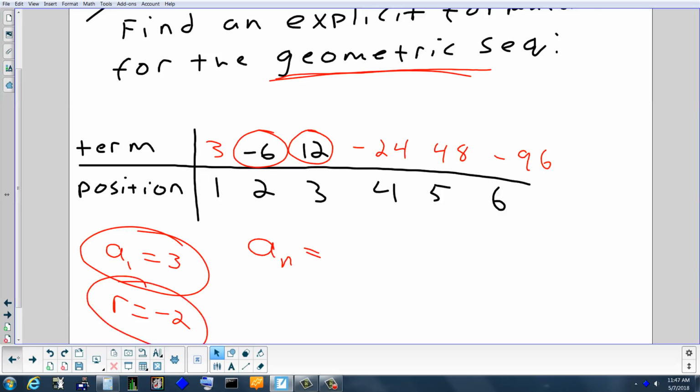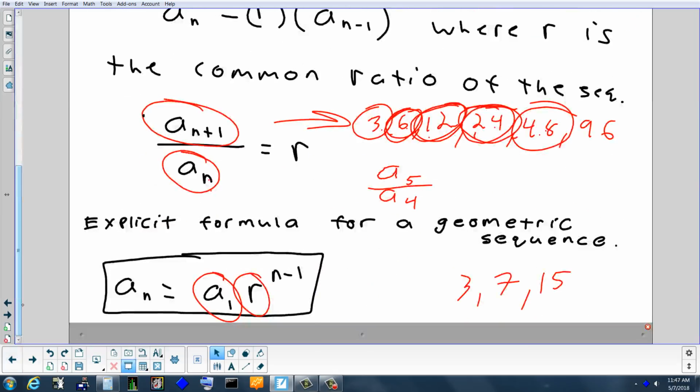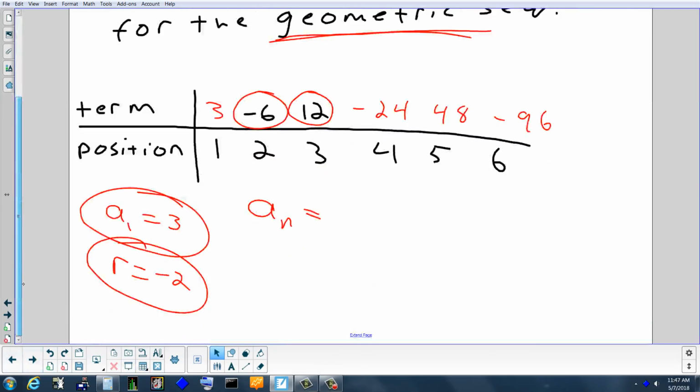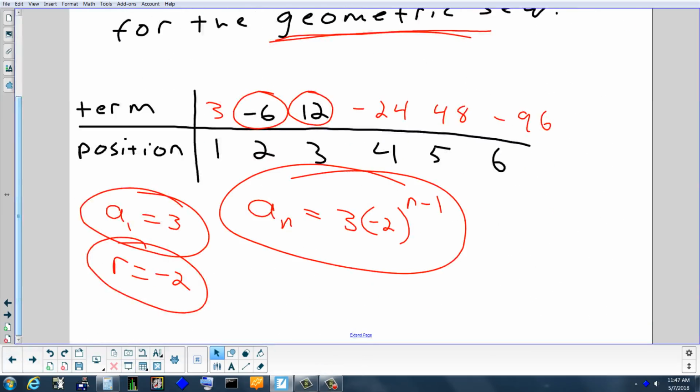Okay, so now look at your formula. It's the 1st term times r to the n minus 1. So my 1st term times my common ratio to the n minus 1. Let's check it for the 4th term and see if we get negative 24.